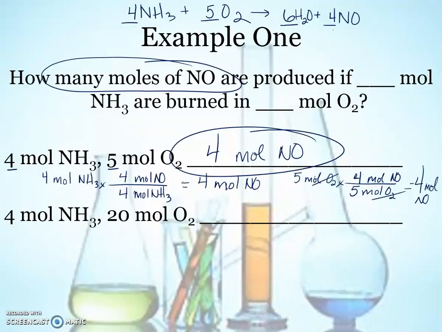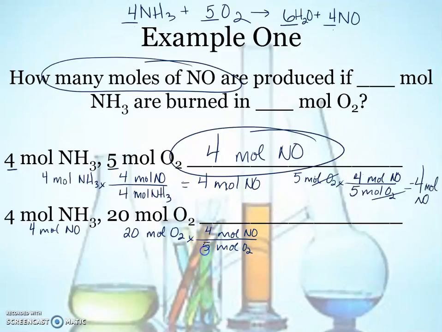You guys know that. Okay, so let's see what happens if we have 4 moles of ammonia, and we've already figured that out. We said we can make 4 moles of nitrogen monoxide. We did that earlier, so I'm not going to do it again. Well, what if we have 20 moles of oxygen this time? Okay, so 20 moles of oxygen, we put moles of oxygen on bottom, and we put moles of nitrogen monoxide on top.